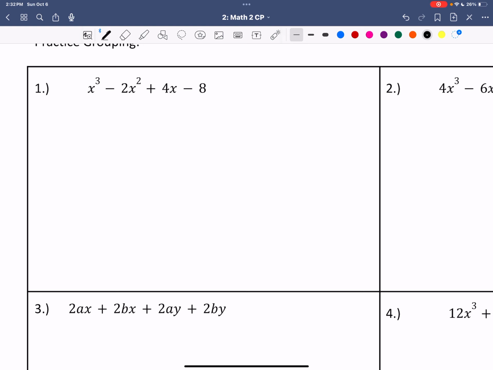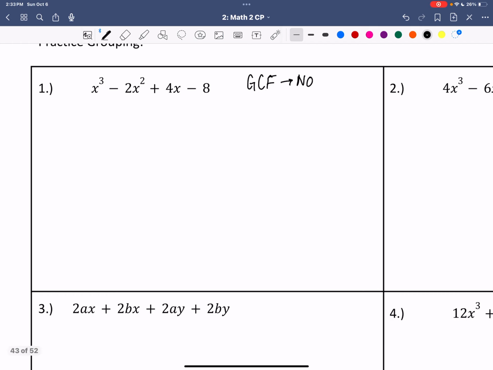First step, let's look to see if there's a GCF. They don't have any in common, so they don't have a GCF, greatest common factor, so no. Now let's start breaking this apart. You could do it different ways, but I'm going to put these two together. The reason I'm putting these two together is because they both have x squared.